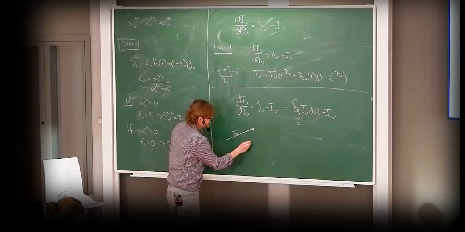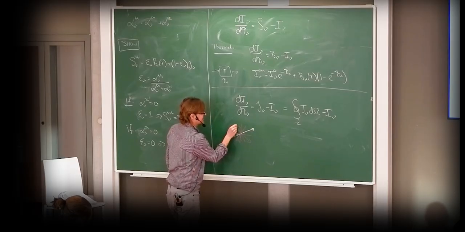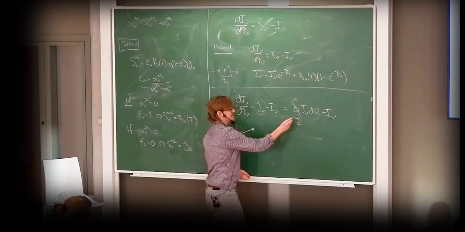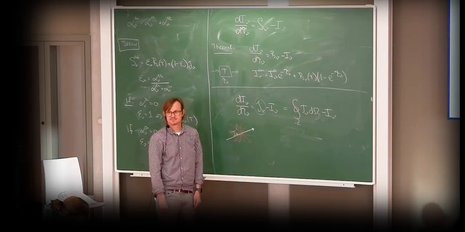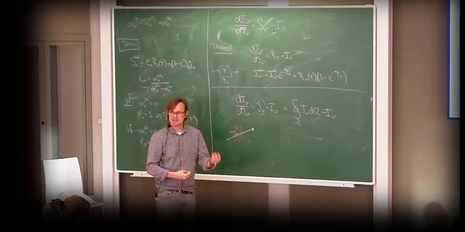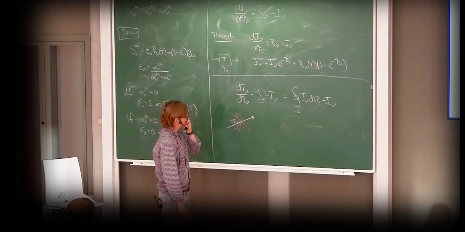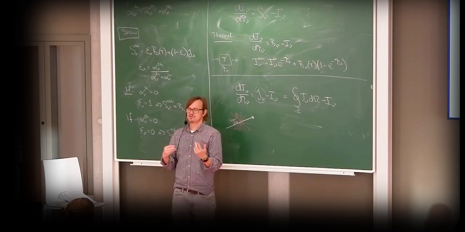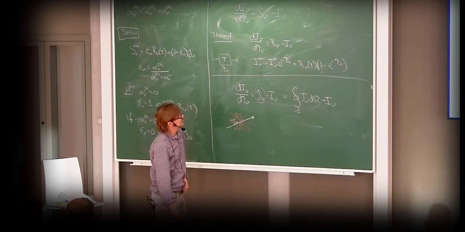Because only then can we get the mean intensity that we need in order to evaluate this in the first place. So it becomes a highly coupled problem, where in order to know the specific intensity along one ray, you need to know the specific intensity along all rays.